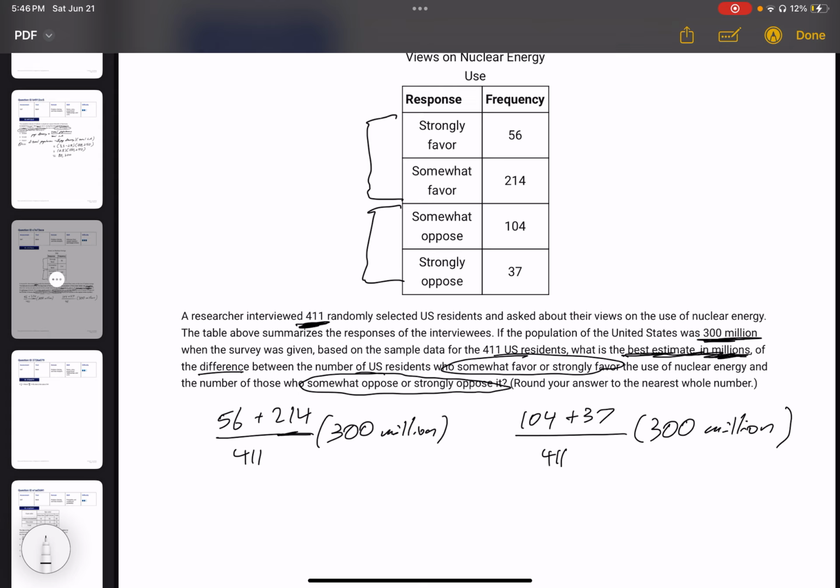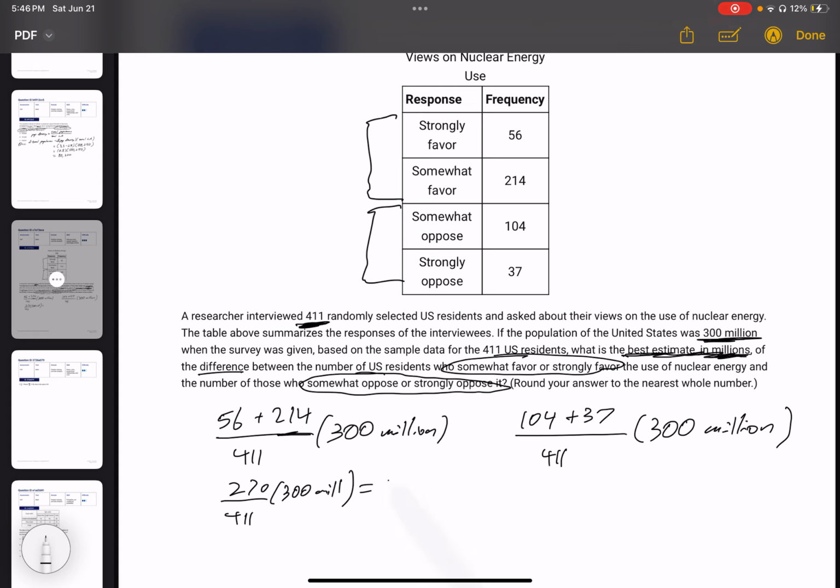And using our calculator, we can do 56 plus 214, get that answer. So that gives us 270, and then over 411. That's going to give you a fraction, and then multiply that by the 300 million. I'm going to just write mil. And then in your calculator, you can just do 270 divided by 411 times 300.